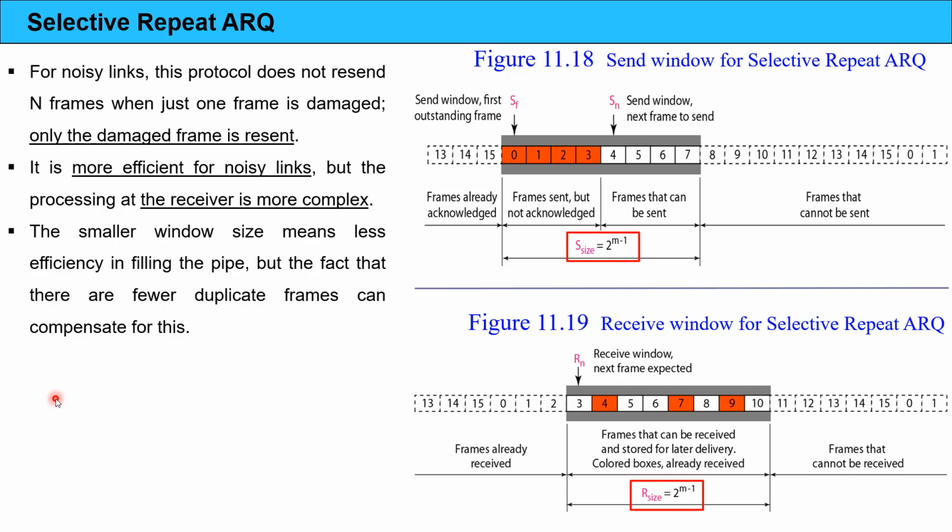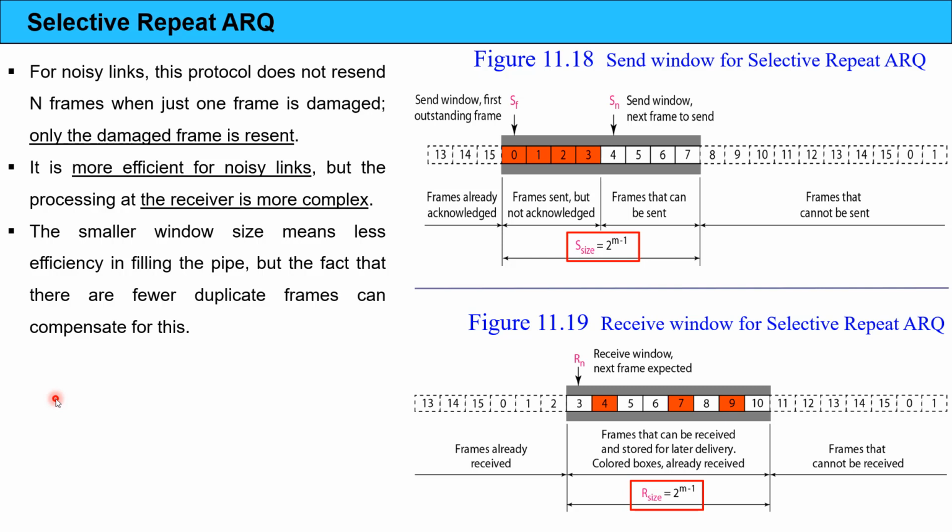Right. Smaller window size. If I decrease the window size, it means I will send less, because the window size is the number of frames I am sending until I receive an acknowledgement. So if I decrease the window size, it means that I will not fill the pipe or the link.